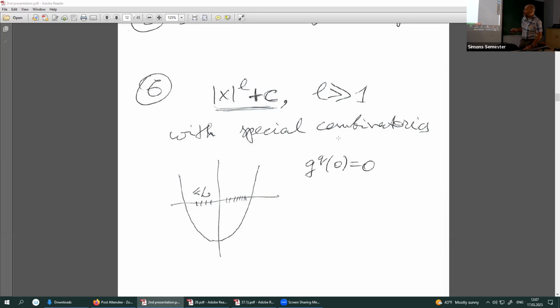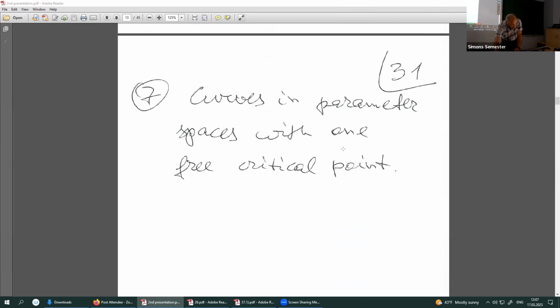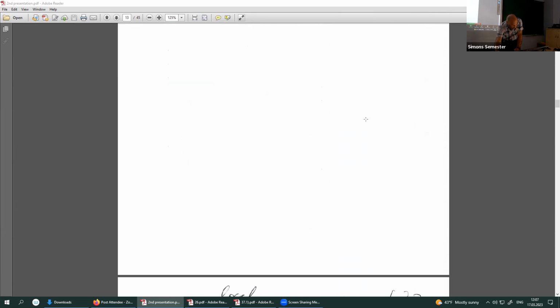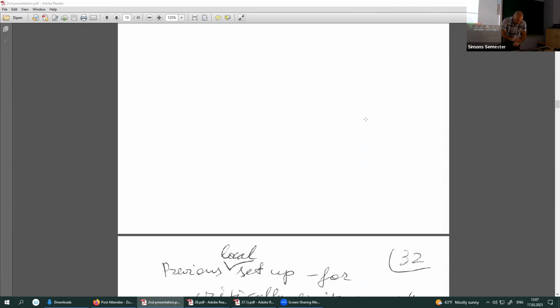But in general, it's still open whether monotonicity holds. And there are some other results, but maybe I don't have time.